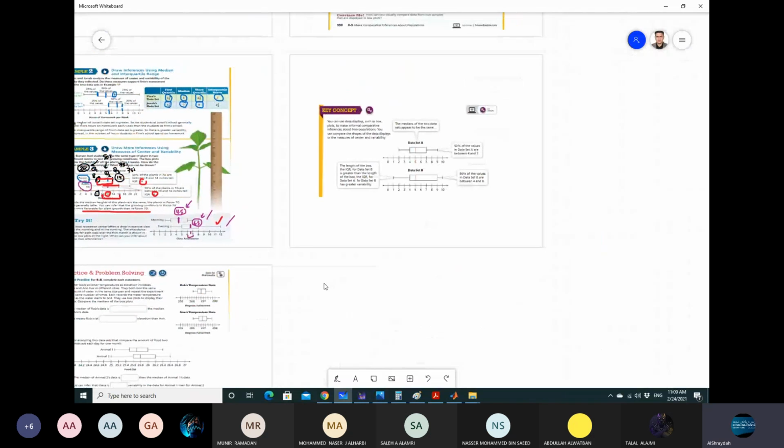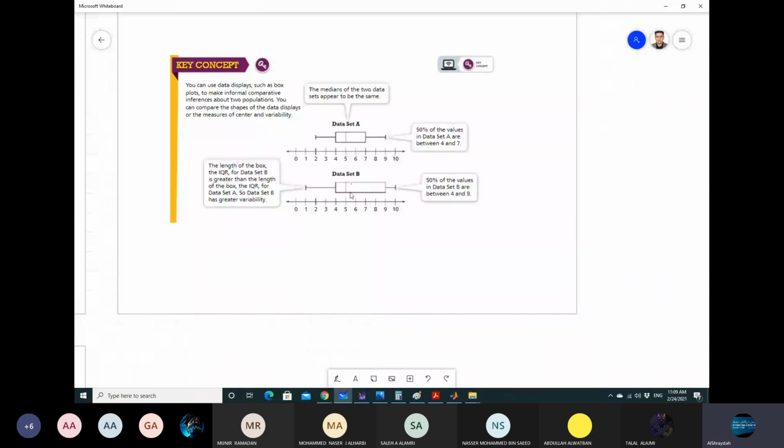Okay. And here we have two data sets again. The median here is 5 and the median here is 5, but the IQR here is 7 minus 4, which is 3, and the IQR here is 9 minus 4, which gives you 5. So the IQR here is more than the IQR here.